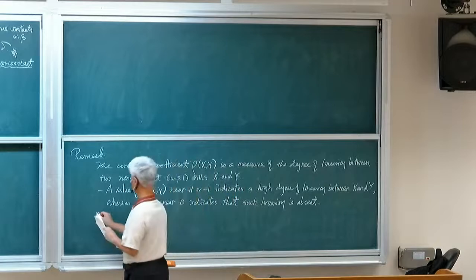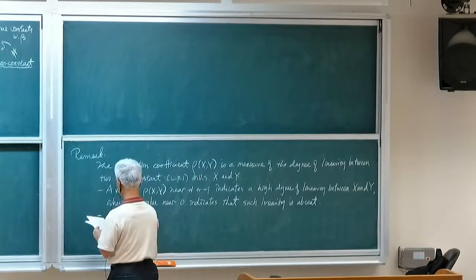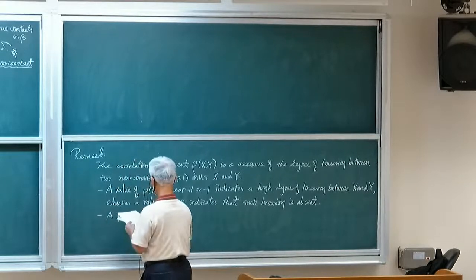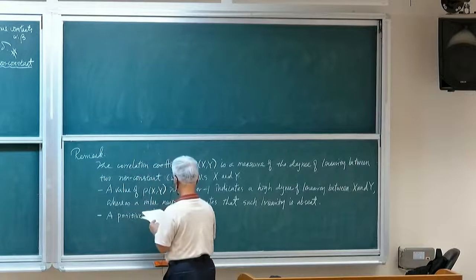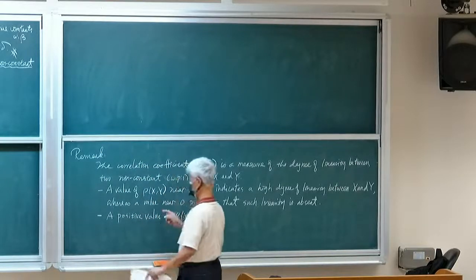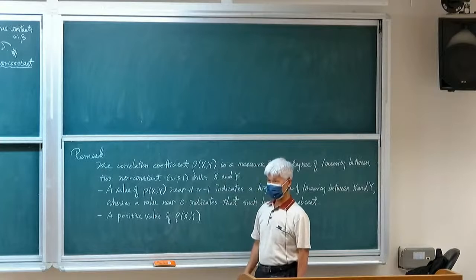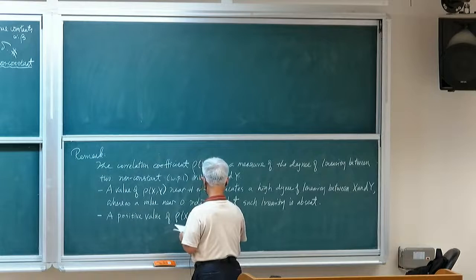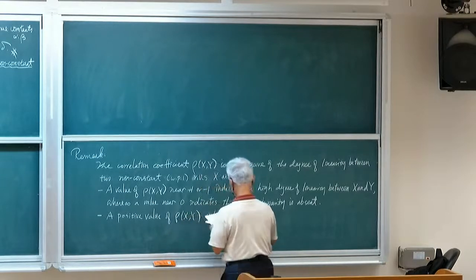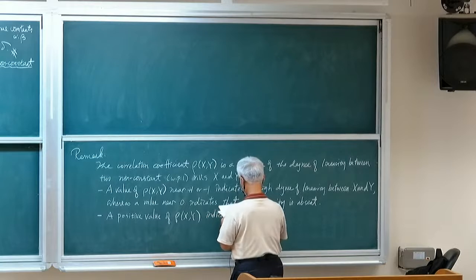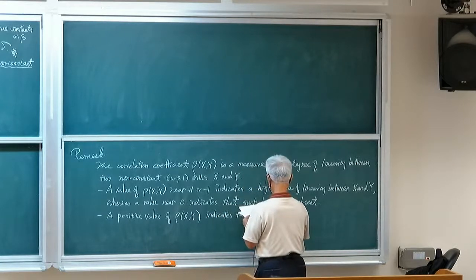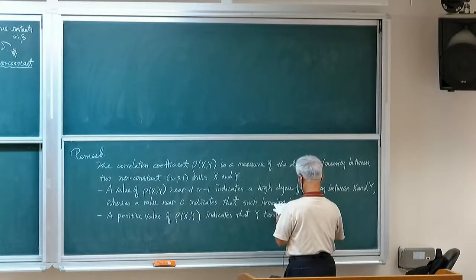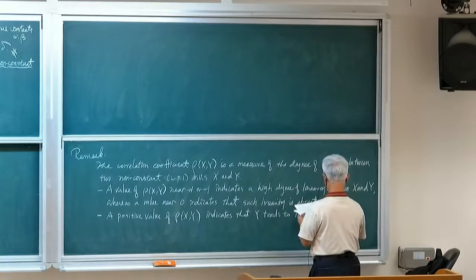A second observation is that a positive value of rho XY, so if you see that the correlation coefficient is positive, then it indicates that Y tends to increase when X does.